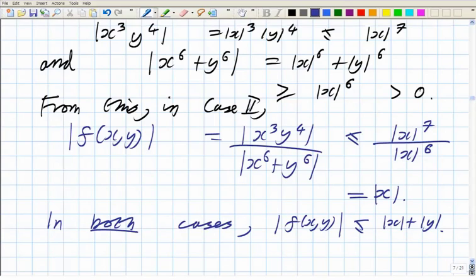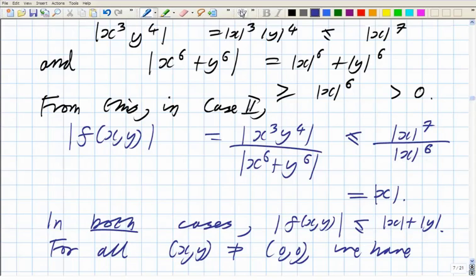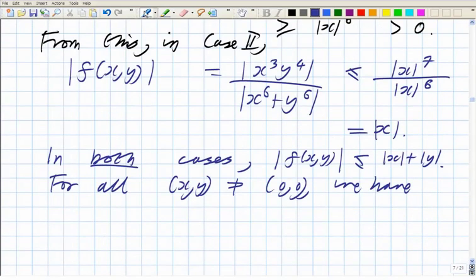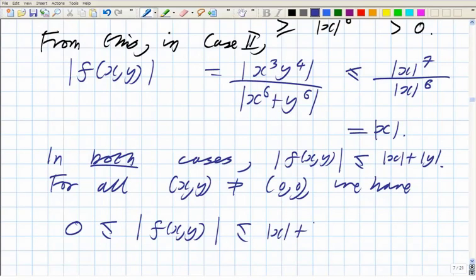So this inequality holds for all xy not equal to the origin, and you've got a sandwich. You've got 0 less or equal to modulus of f of xy is less or equal to mod x plus mod y, which tends to 0 plus 0 equals 0 by the algebra of limits.